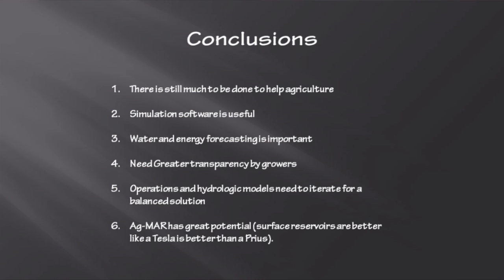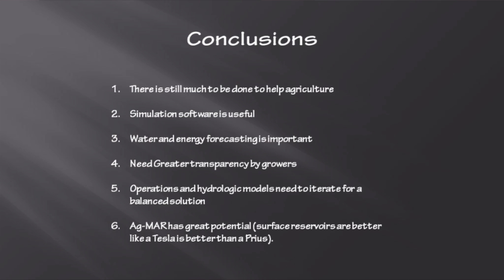Finally, I just want to make some final statements about what I think these results suggest. There's still much to be done, I think, to improve efficiency in agriculture. I really think there are a lot of benefits in using simulation software to help the agricultural sector. Of course, we need data, so that means we need more transparency by growers.